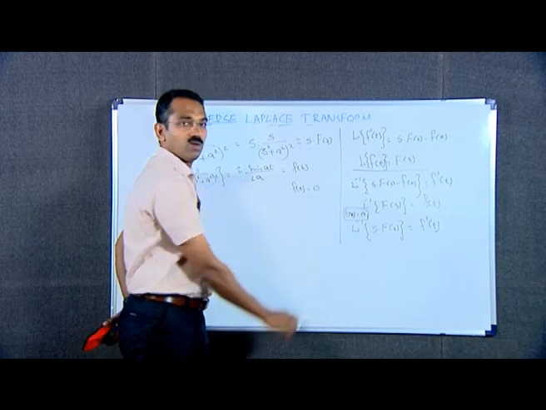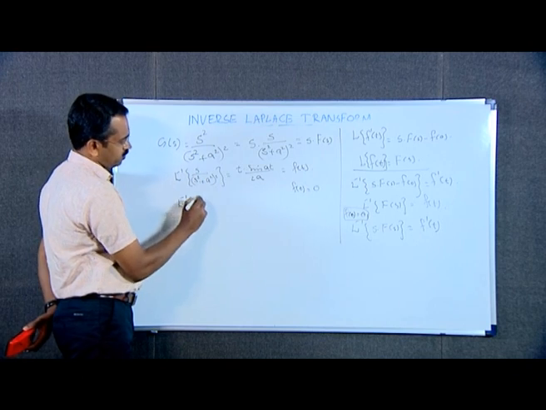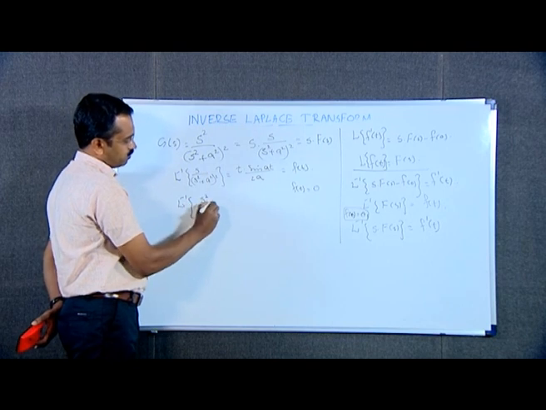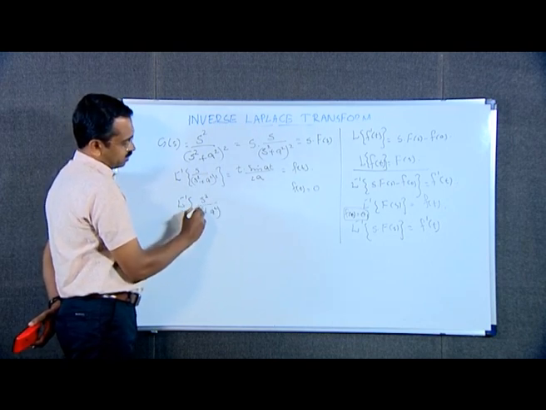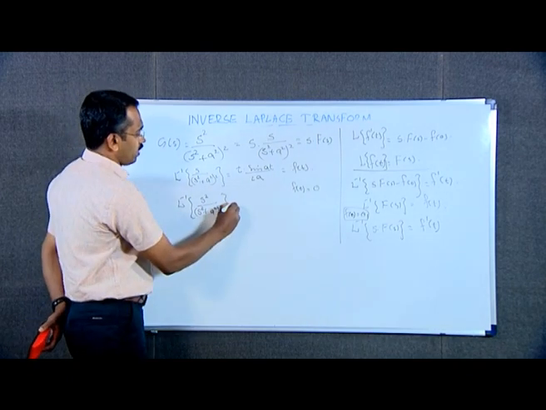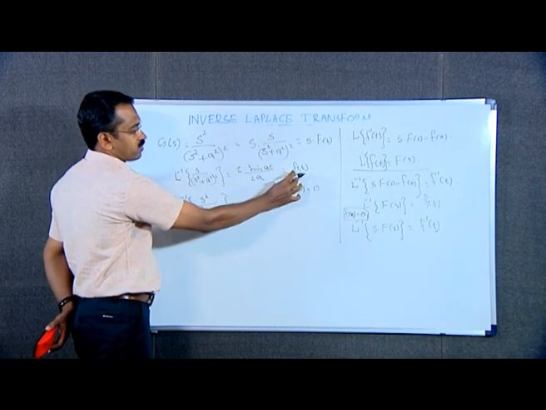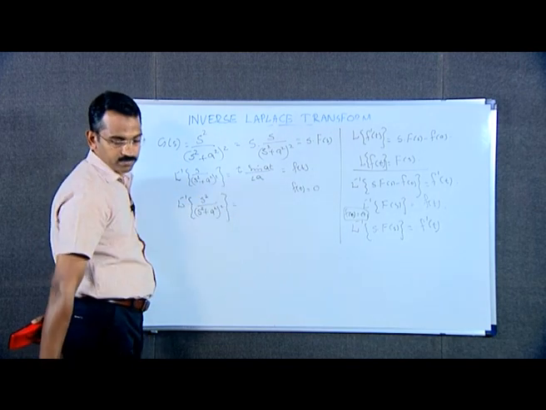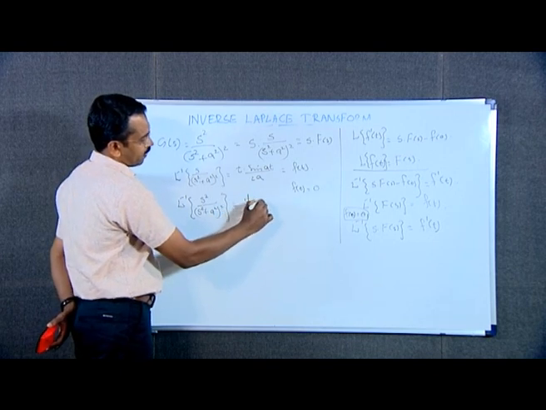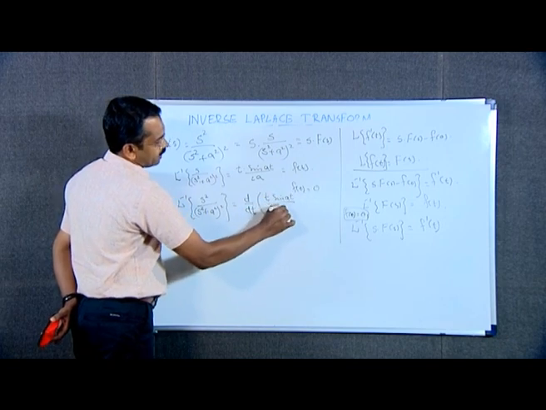Therefore, this condition holds, and by this property we can write L inverse of s into s by s square plus a square the whole square, meaning s square divided by s square plus a square the whole square, as f dash of t, meaning the derivative of this, that is d by dt of t sin at divided by 2a.